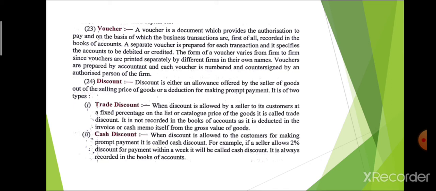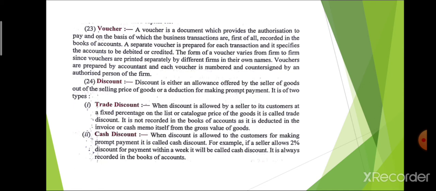But after that, the shopkeeper says that if you provide cash immediately, I will also provide a further discount. So Ram agreed and Ram paid rupees 90.